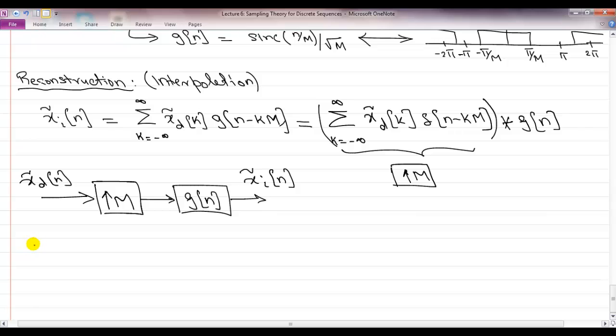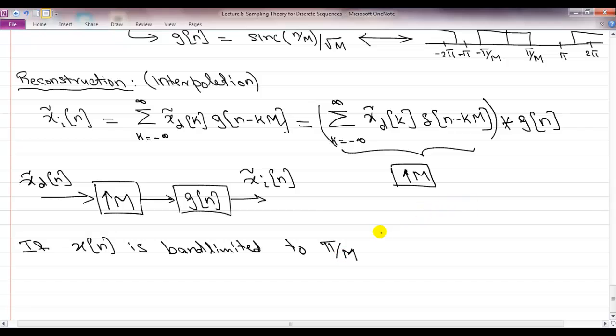The effective meaning of that in the case of band-limited sequences is that if x of n is band-limited to pi over m, so if you have a sequence which is band-limited to pi over m, and you subsample it, you throw away many samples, you can still reconstruct that signal from those samples by first doing this upsampling or expansion followed by filtering.